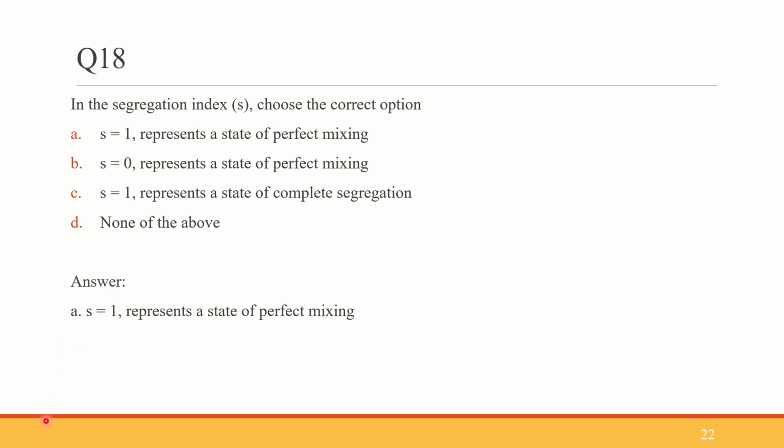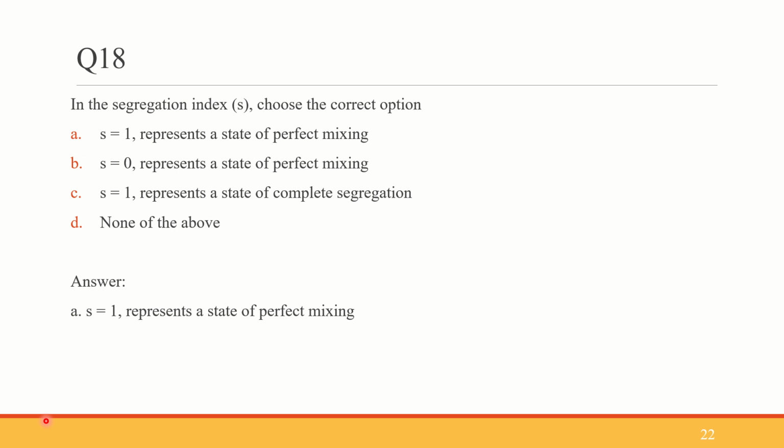Okay, the segregation index is nothing but the ratio of the mass fraction of flotsam in the top portion of the bed divided by the flotsam mass fraction in a perfectly mixed bed. So there we have seen about the jetsam, here it is about flotsam. So if it is the flotsam segregation index, it is about the mass fraction of flotsam in the top portion of the bed divided by the mass fraction of flotsam in the perfectly mixed bed.